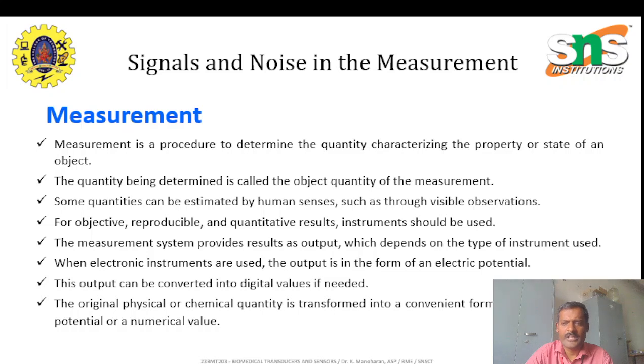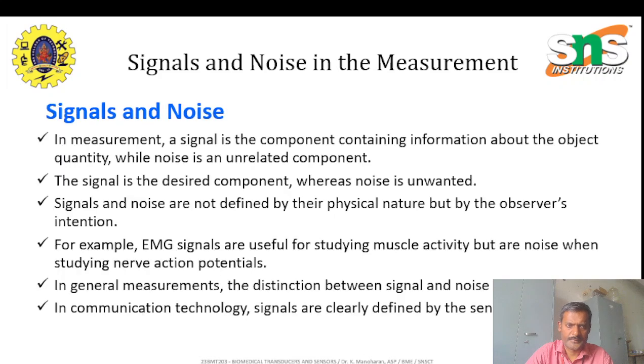Normally it will be in analog form. Sometimes we need to store or transmit that information, so a digital form is needed. There we can use analog to digital conversion. An original physical or chemical quantity is transformed to a convenient form, such as electric potential or a numerical value, in the measuring instrument.